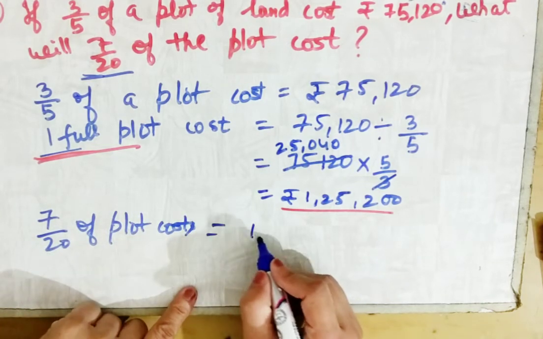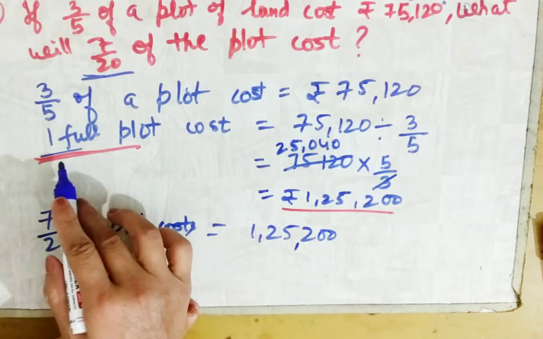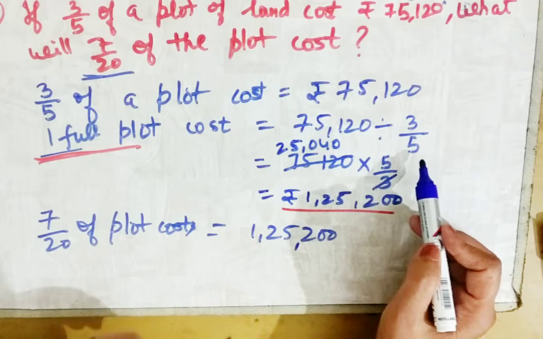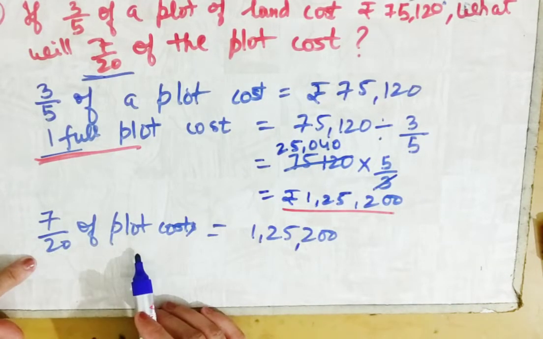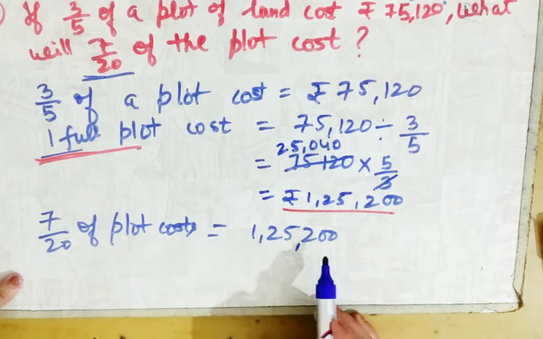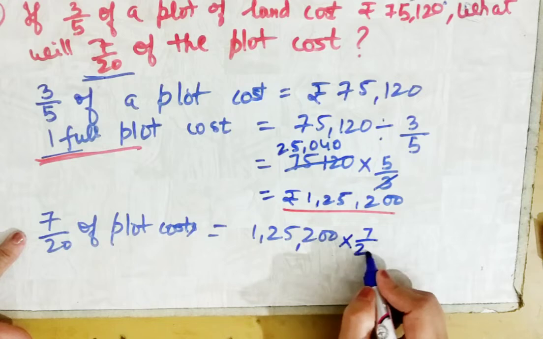We will now multiply here. To find out for one quantity, we always divide in direct variation. To find out for more or less quantity afterwards, we then multiply. So we multiply by this value 7 upon 20.